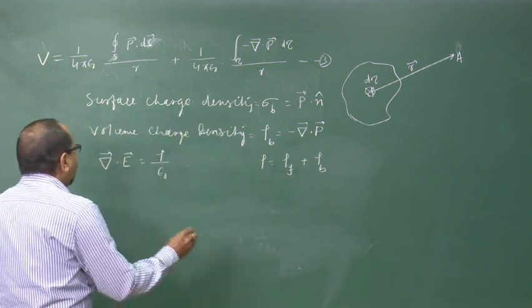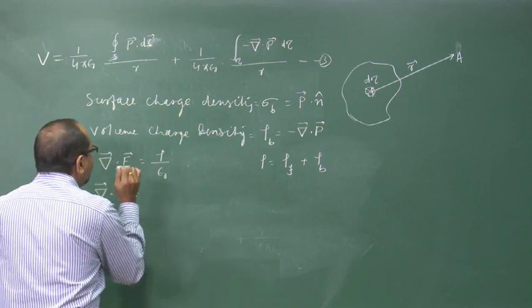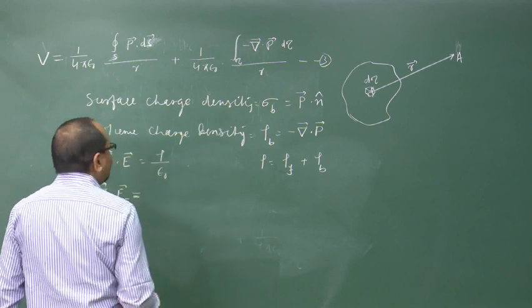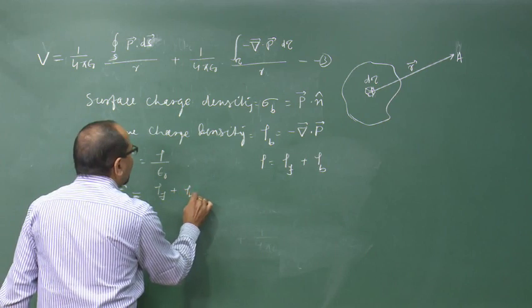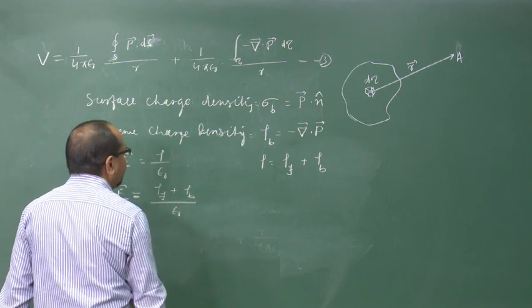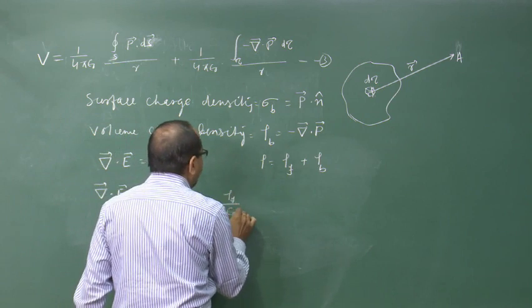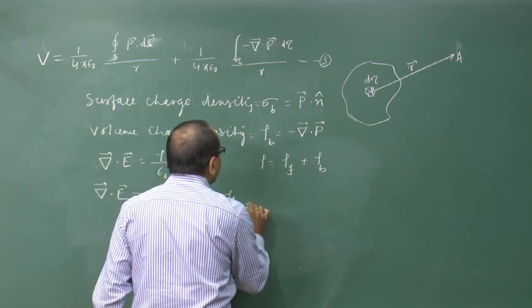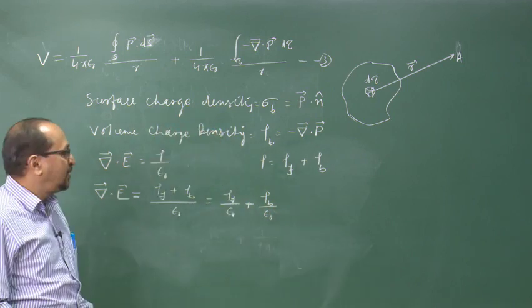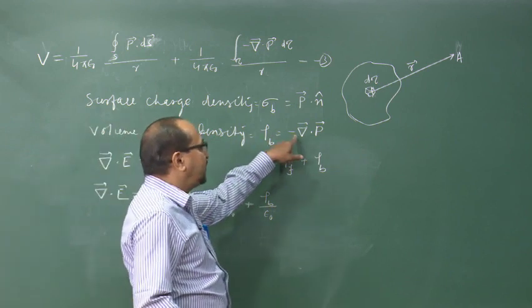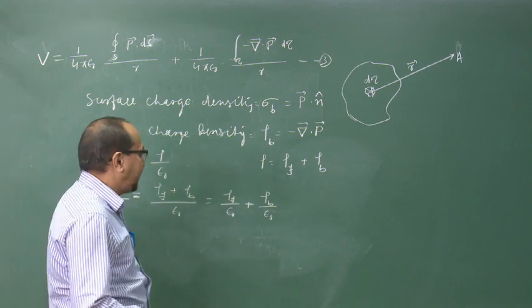Then our Gauss law becomes divergence of E is equal to rho f plus rho b divided by epsilon naught, which is equal to rho f by epsilon naught plus rho b by epsilon naught. And what is this rho b? We have already derived that it is minus divergence of P, where P is the electric polarization vector.